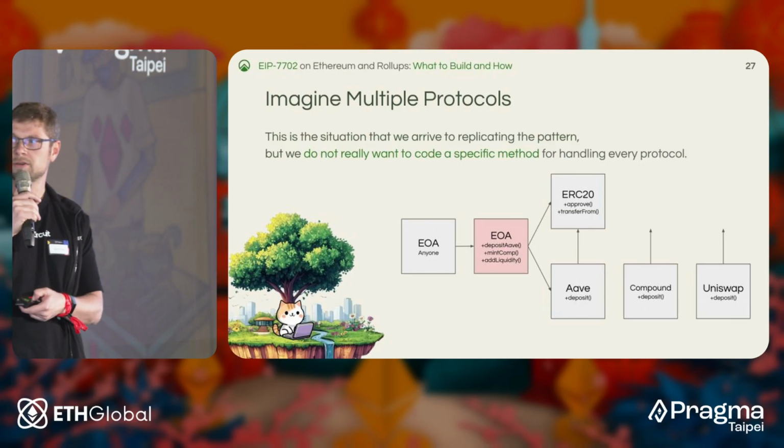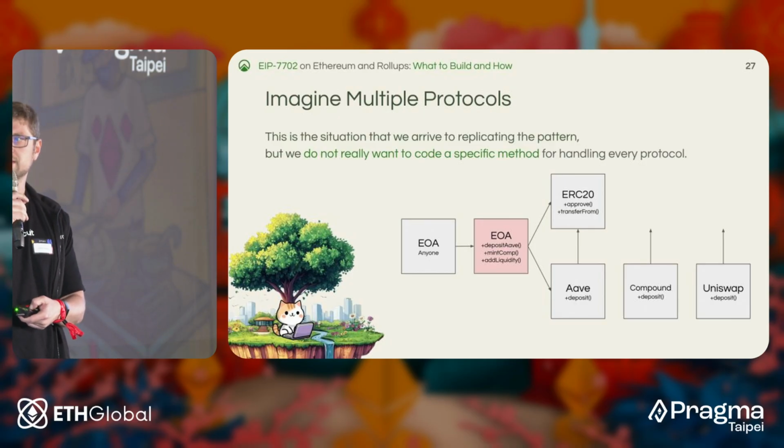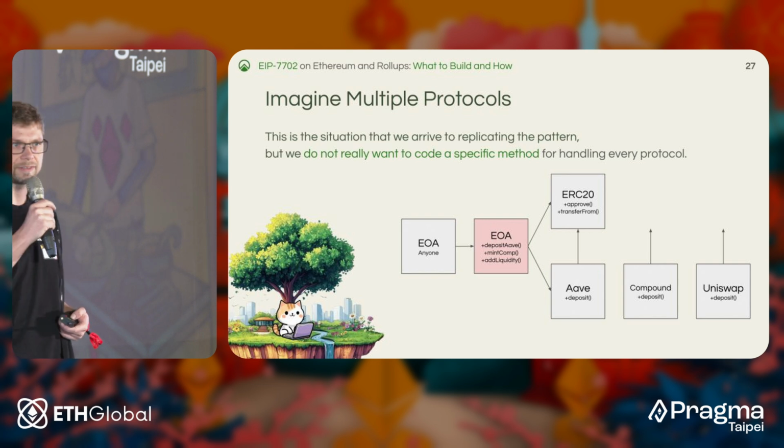If you wanted to adopt this approach that I just outlined on the previous slide, you would delegate your externally owned account to some smart contract, and you would expect that this smart contract is able to accommodate the interface of every single DeFi protocol that is in your target group. So you would have a specific method for Aave, specific for Compound, specific for Uniswap, and everything else.